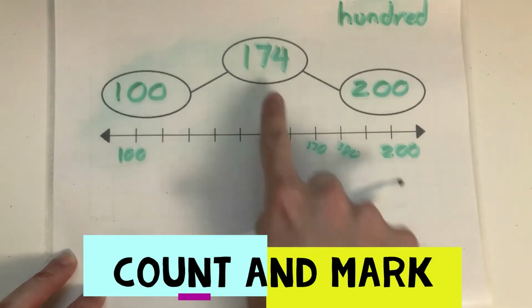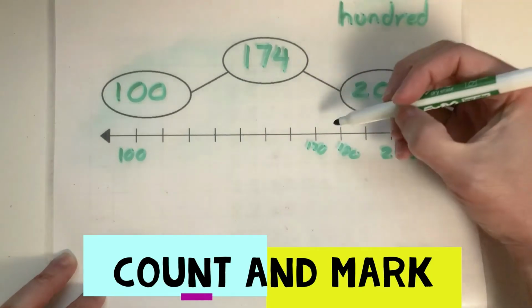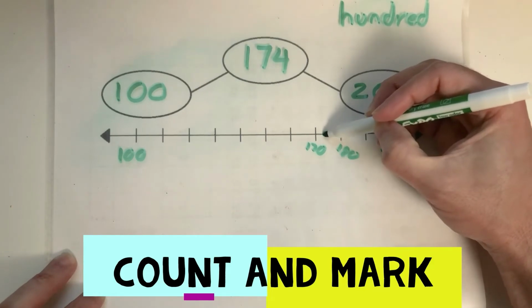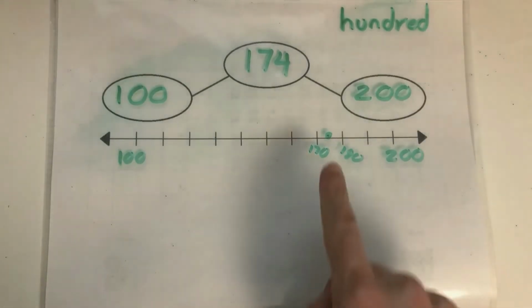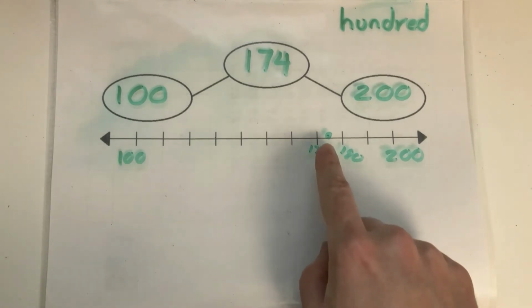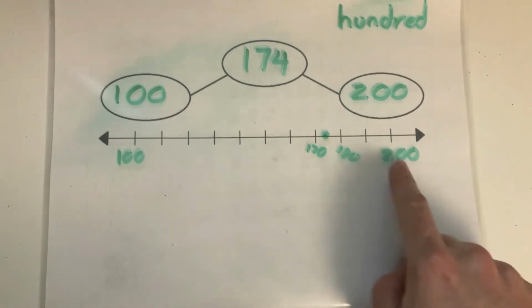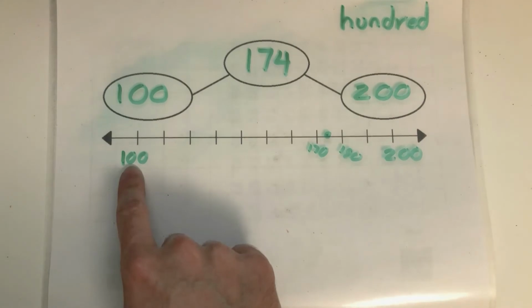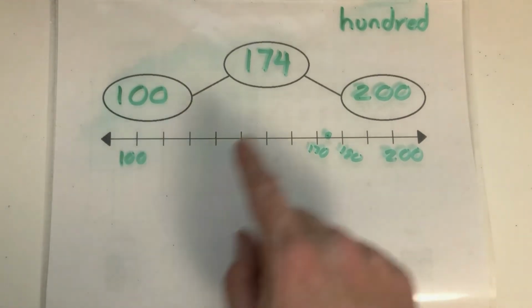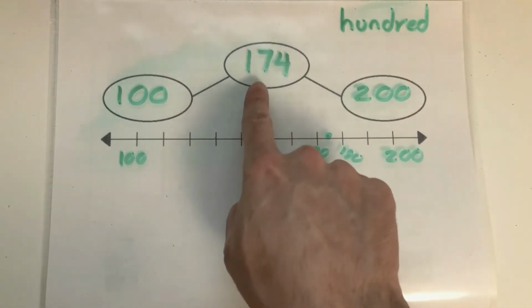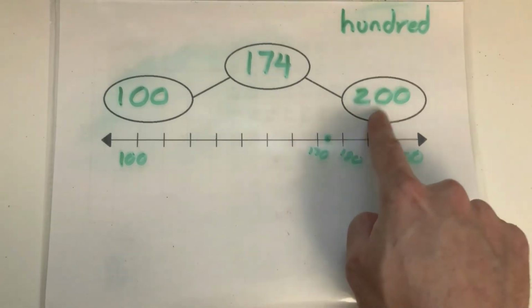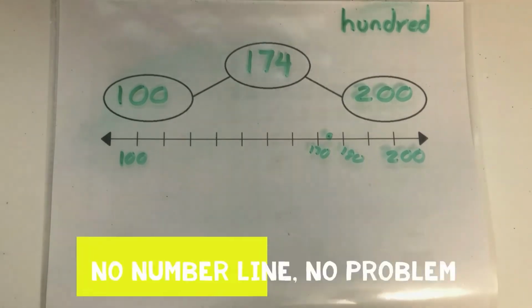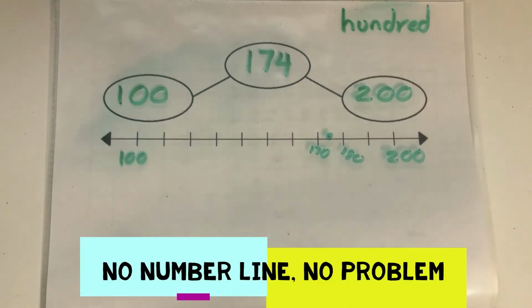So 174 would be more or less here. And as you can see, 174 is closer to 200 than to 100. So when rounded to the nearest hundred, 174 rounds to 200. If you don't have a number line, do it like this.